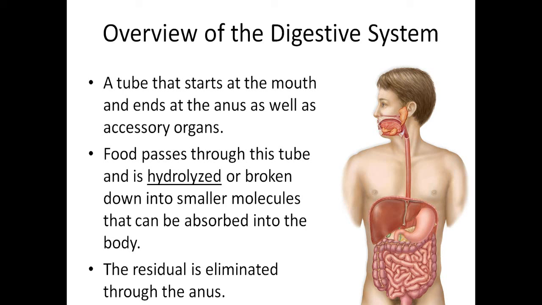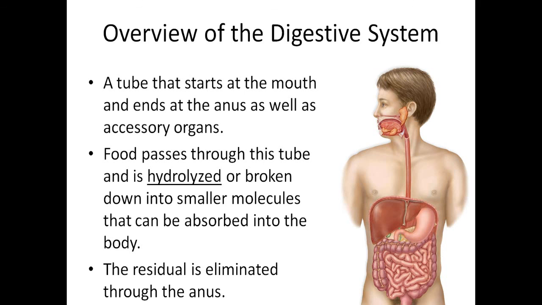Another word to describe the breaking down is called hydrolyzed. And the idea is that we're going to take these complex macromolecules and we're going to break them down into smaller molecules that can get absorbed. Okay, what we can't absorb and we can't use is considered waste.